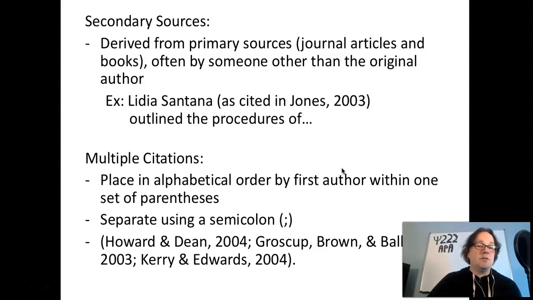When we have multiple citations, so this means like sometimes we want to make a point about something, and we want to back it up with more than just one article, right?